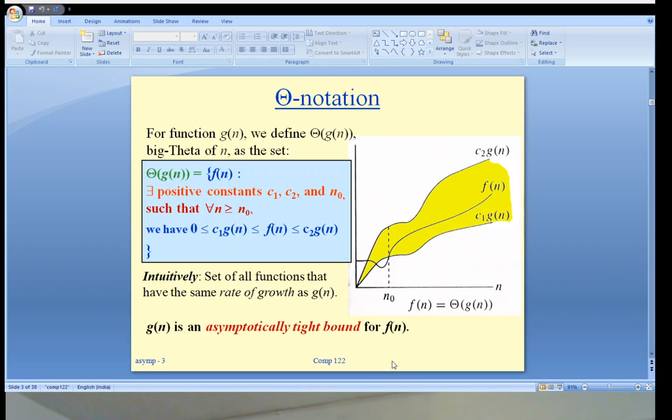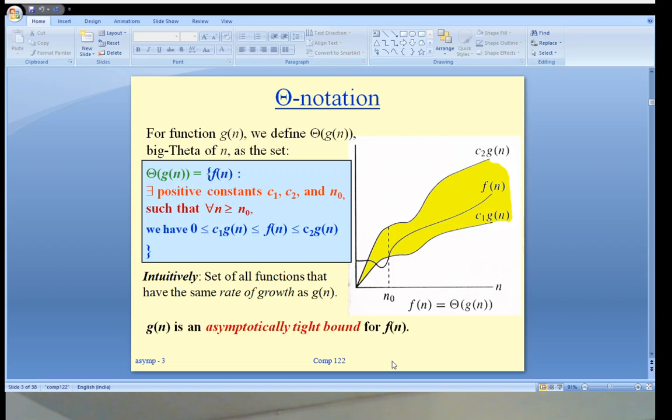So this function is bounded on both sides by the function g(n). We can say that f(n) is bounded by g(n) with constants c1 and c2. So this is a very tight bound, and g(n) is very similar to f(n), and this is called the asymptotically tight bound.